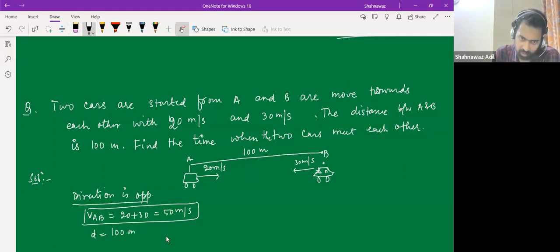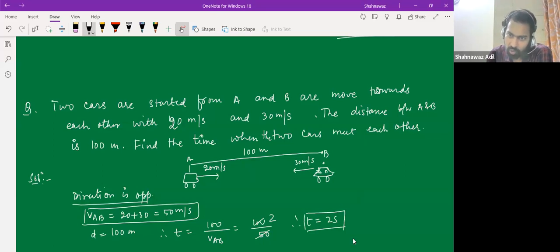So time would be what? Distance divided by V relative, which is 100 by 50, so T is 2 seconds.